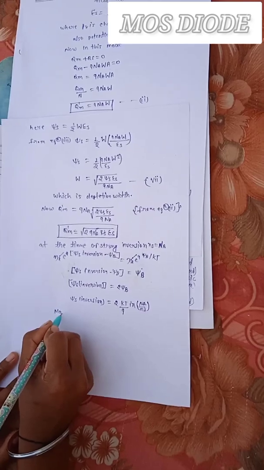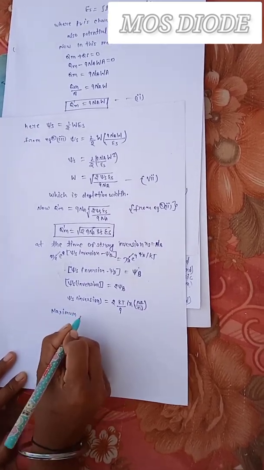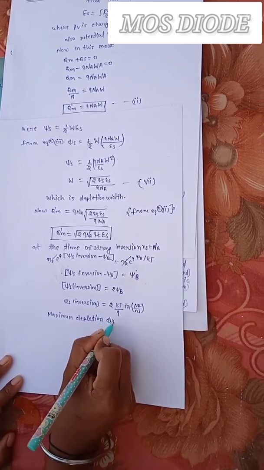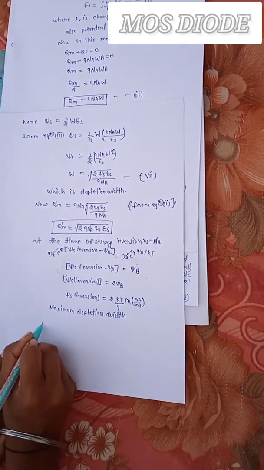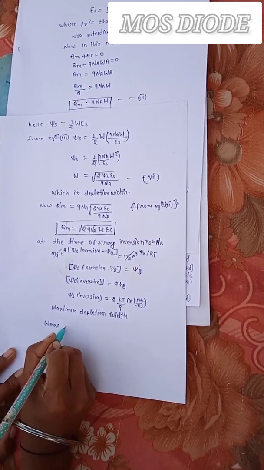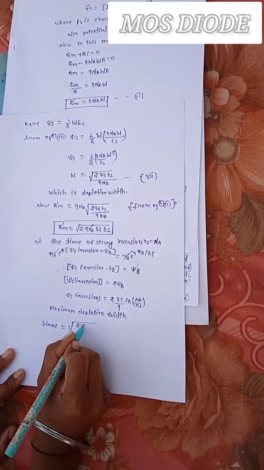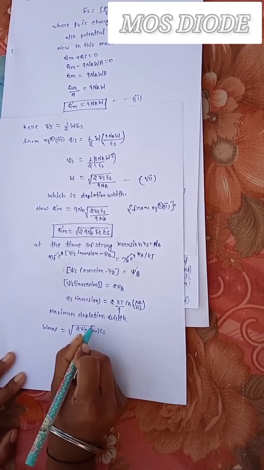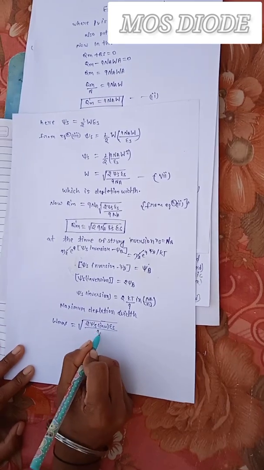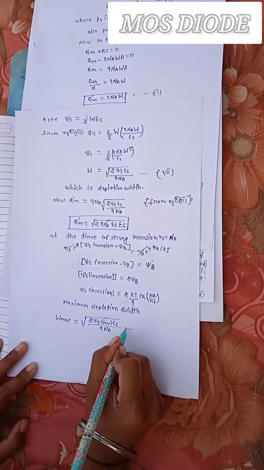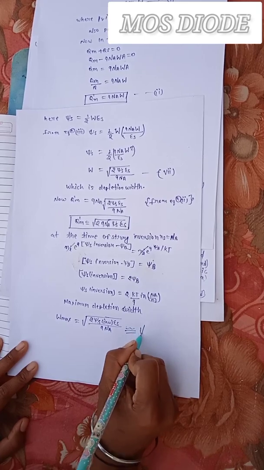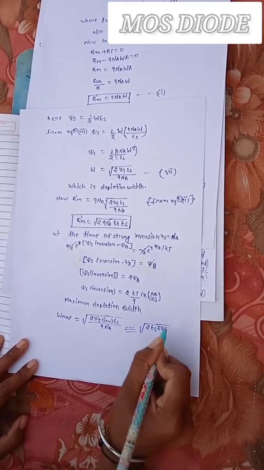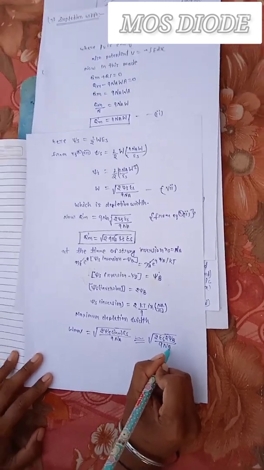So maximum depletion width is W maximum equal root of 2 phi s inversion epsilon s upon q Na, which is root of 2 epsilon s 2 phi b upon q Na.